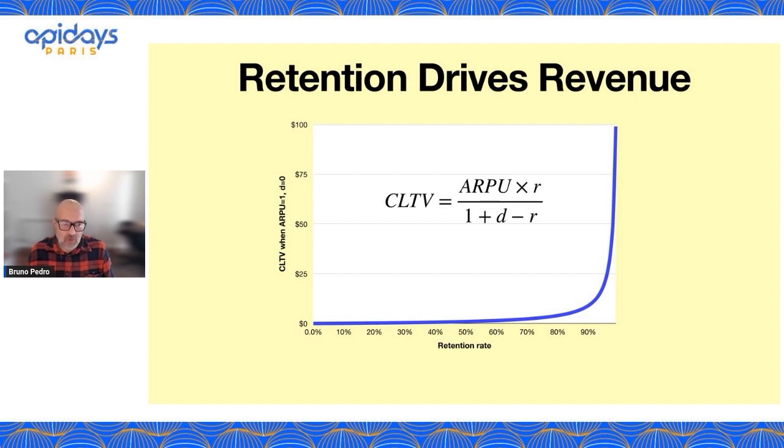And you should be able to know that because you should be able to understand how much you can spend in obtaining each one of these customers, so you understand if you're generating a profit or if you're having a loss, right?